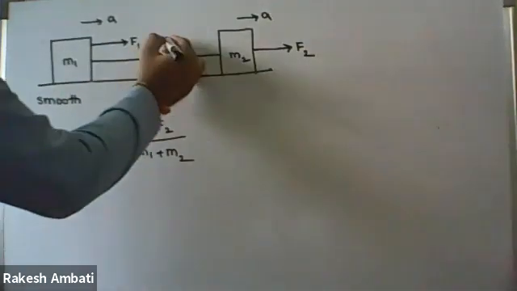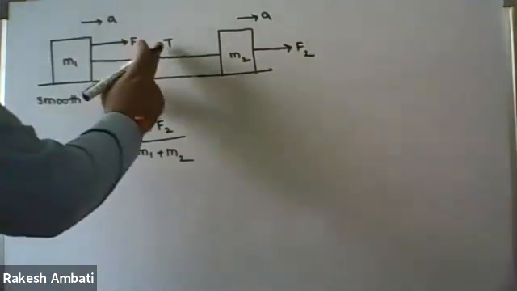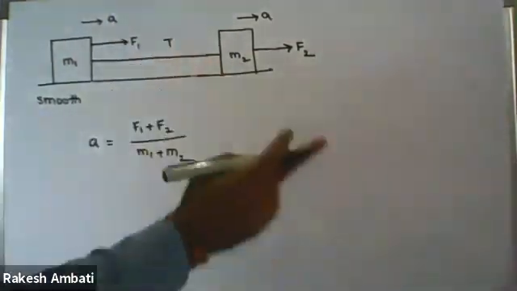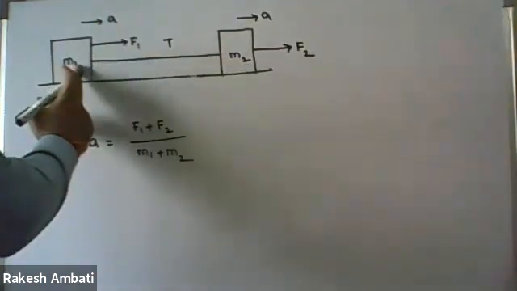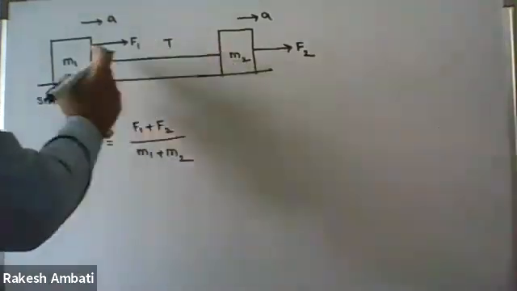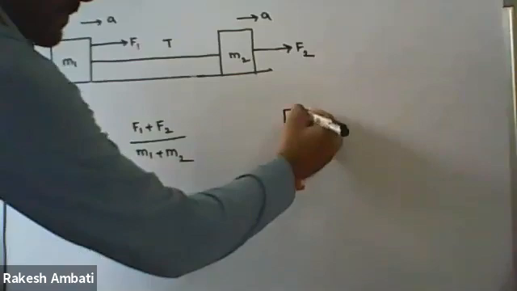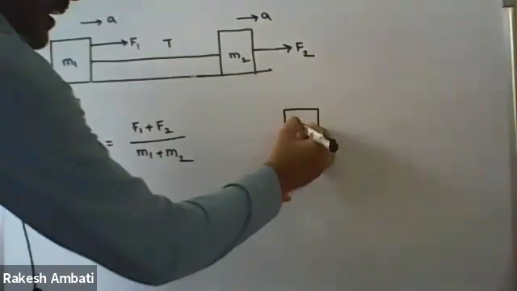Now let us find the tension force T in the string. To find the tension force T, you can take either the M2 block or the M1 block, that's up to you. For example, I am taking the M2 block.